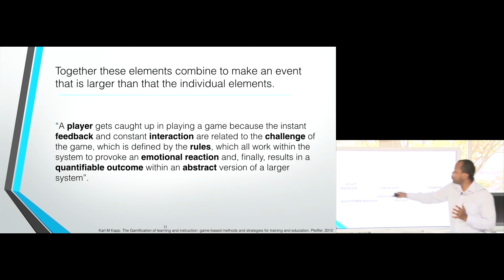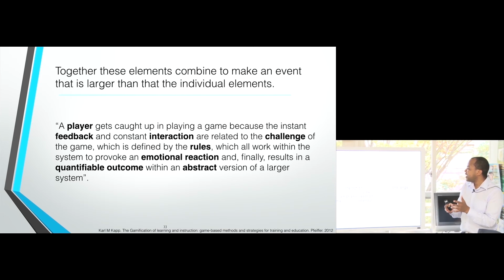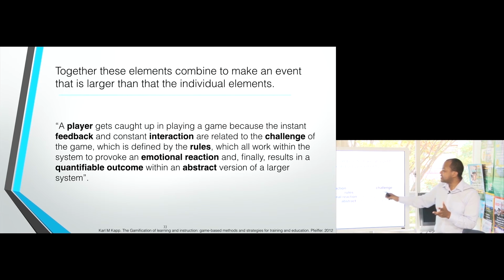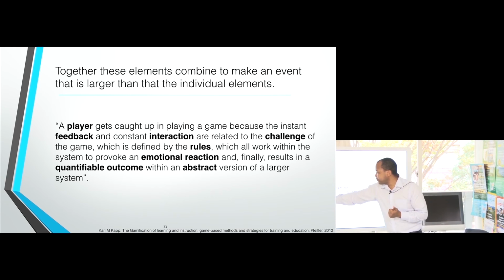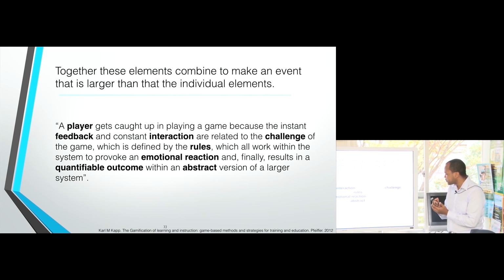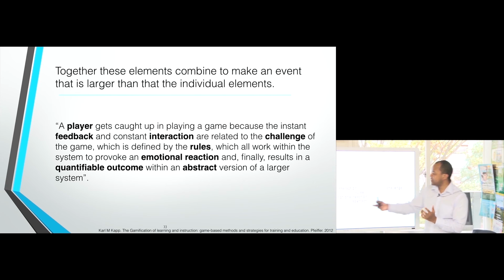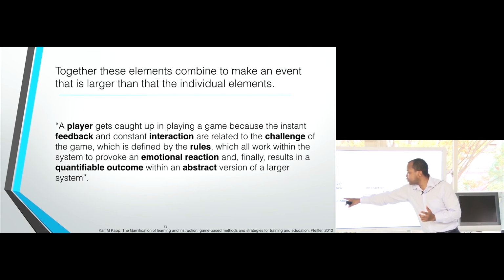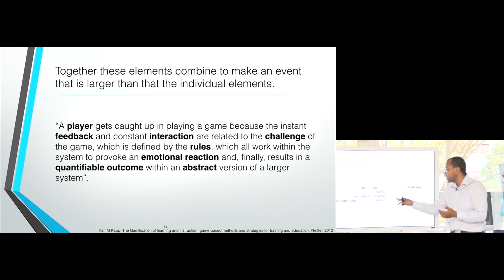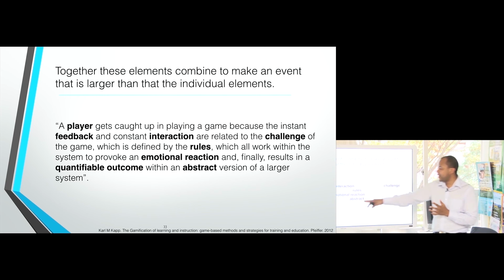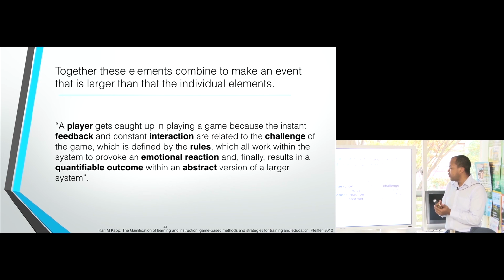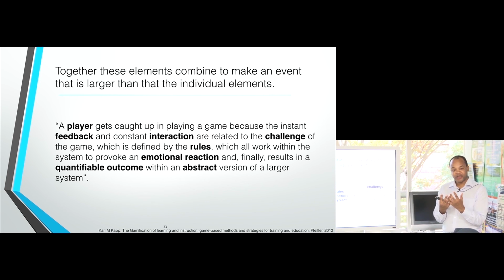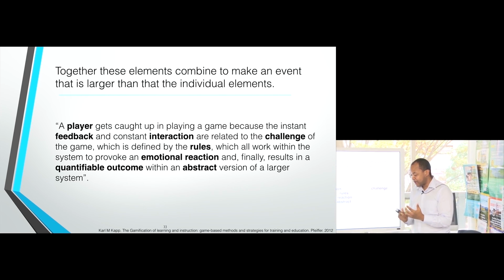A player gets caught up in playing a game because the instant feedback and constant interaction are related to the challenge of the game, which is defined by rules, which all work within the system to provoke an emotional reaction, and finally results in a quantifiable outcome within an abstract version of a larger system. So this is how all these terms come together to produce a gaming experience.